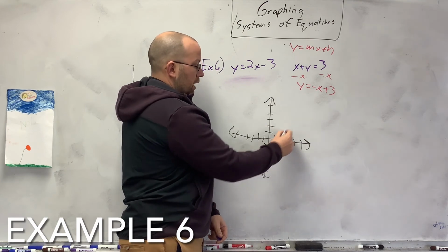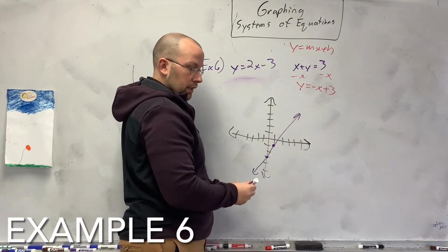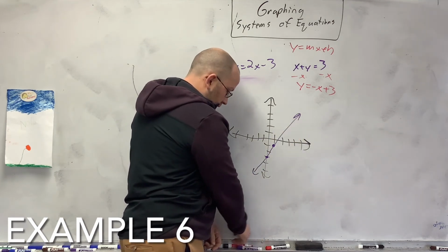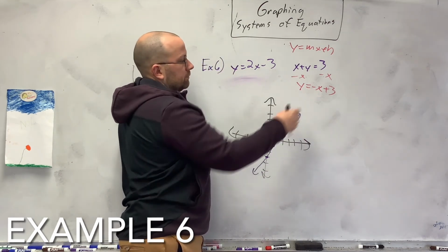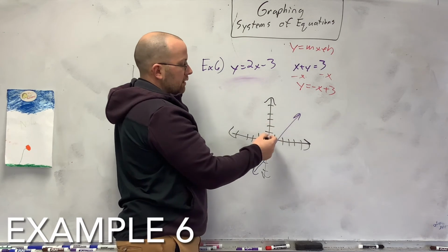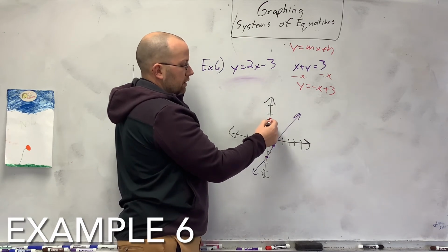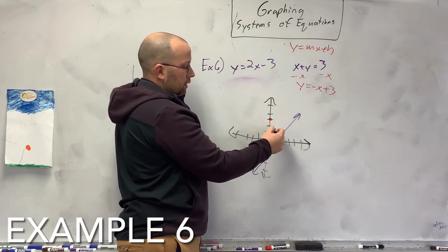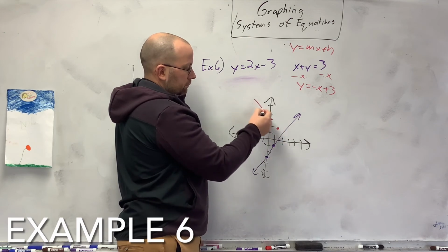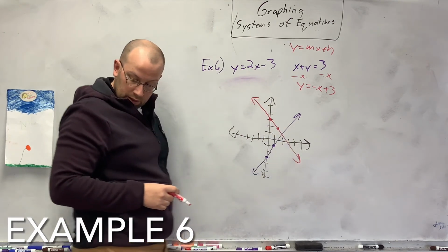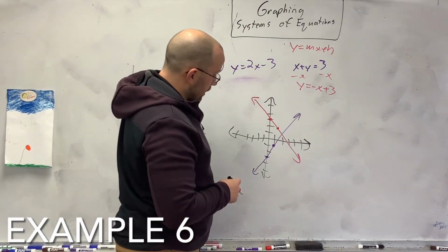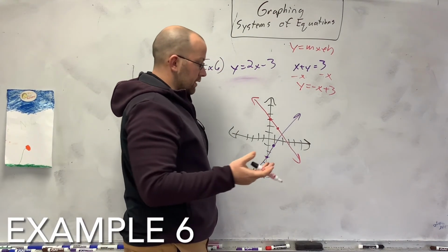Again, if you're having trouble graphing it, go back and watch another video. I graph it quite a bit in other videos. All right. Now we're going to graph that one in red. Starts at positive 3, rise over run, down 1, over 1. And where it crosses is the answer.